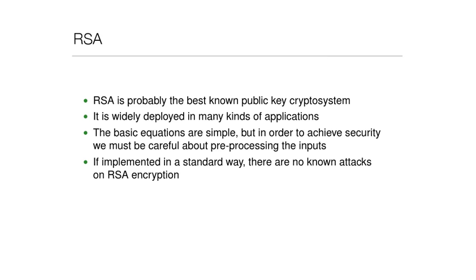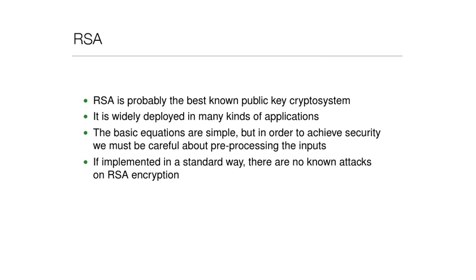For many purposes, the RSA crypto system is used in our day-to-day internet. That means it is deployed in the TLS/SSL protocol suite, which is used when we use HTTPS. The basic equations are simple, but in order to achieve security, we must be careful about some kind of pre-processing.